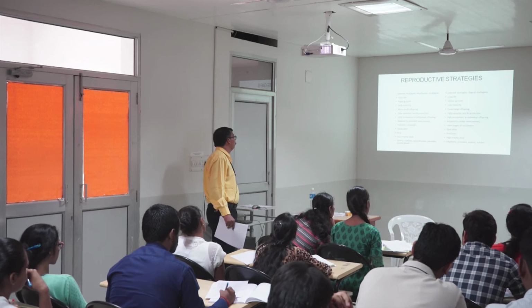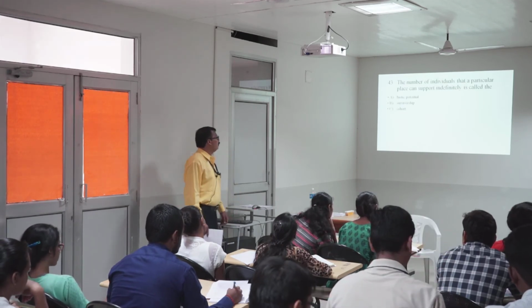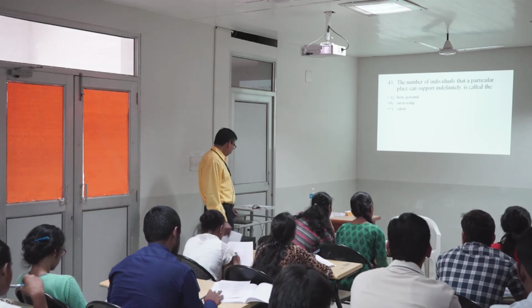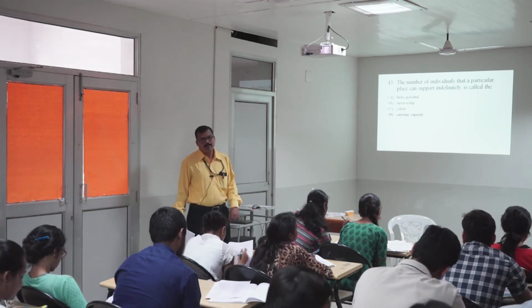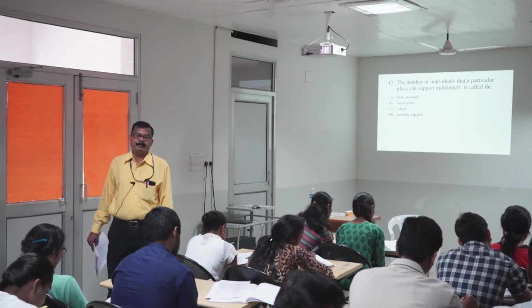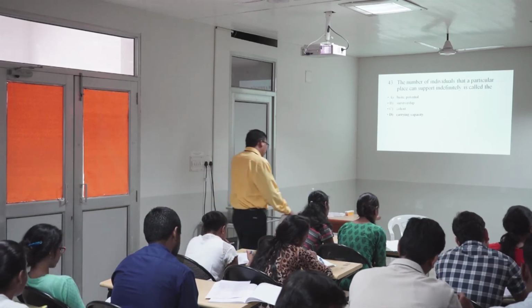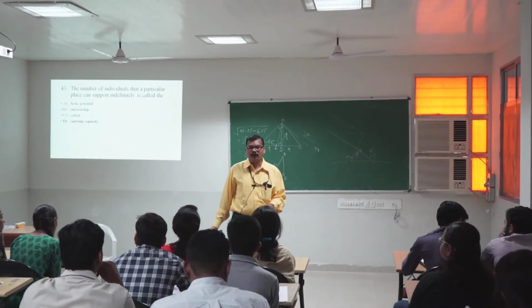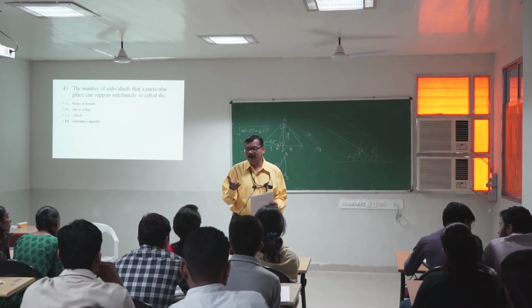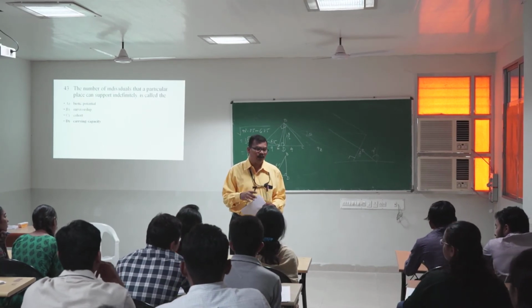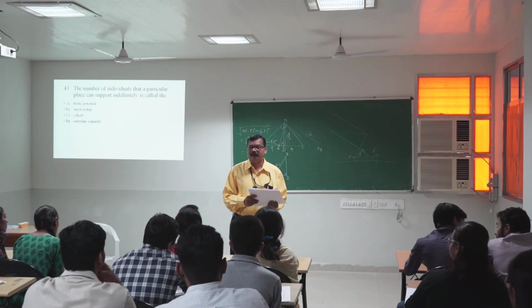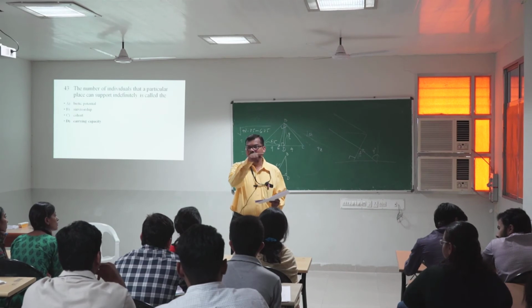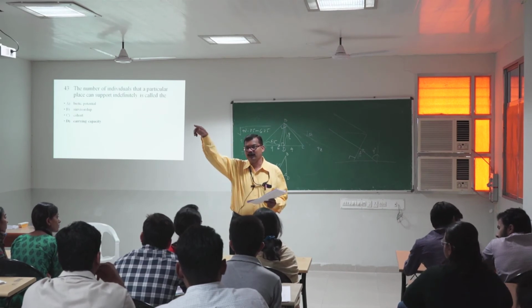The number of individuals that a particular place can support indefinitely is called carrying capacity. One example I would like to quote here, since most of you are from a biological background: in a normal lab experiment we do the growth curve of bacteria. We get a typical lag, log, stationary, decline.